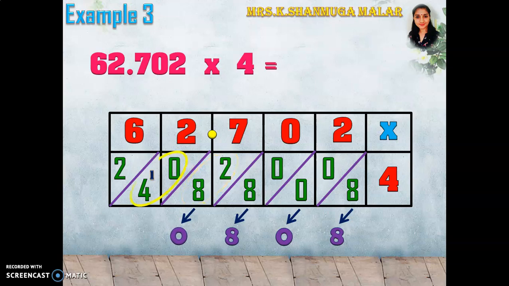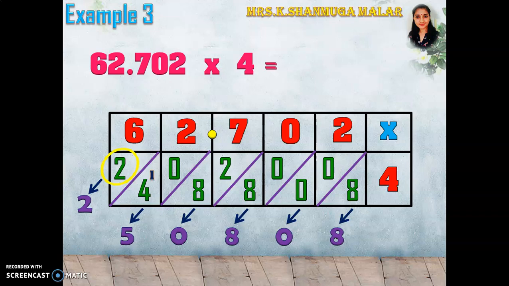And here we have 0, 1 and 4. We must add all these numbers. So 0 plus 1 is 1. 1 plus 4 is 5. Next, here we have only 2. So we just drop the 2 down. And this is not the final answer because we haven't written the decimal yet.